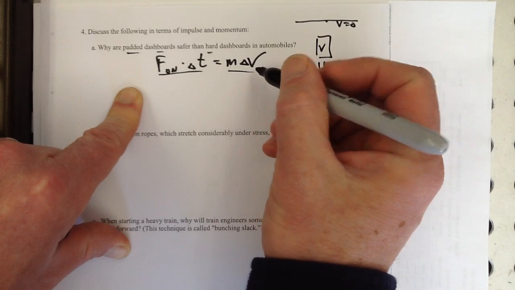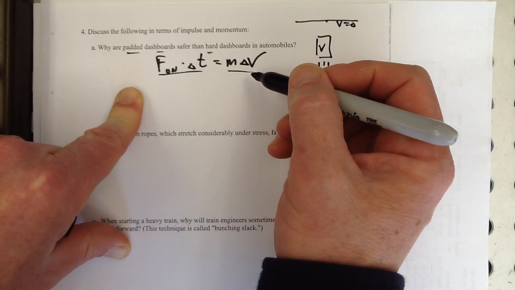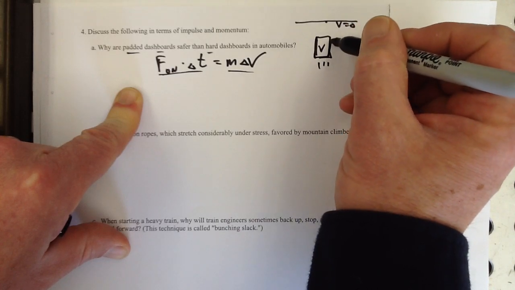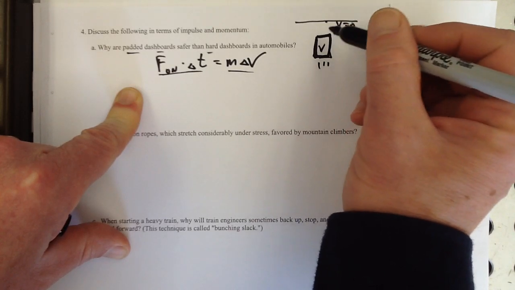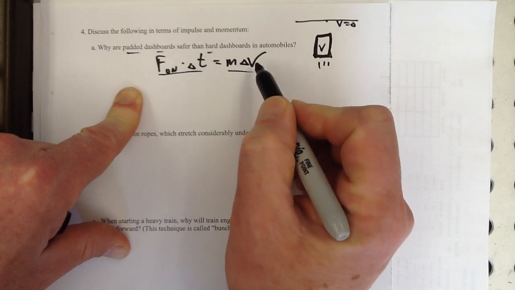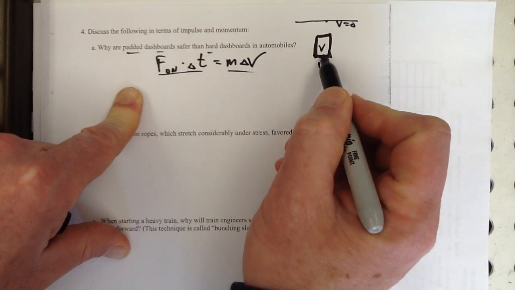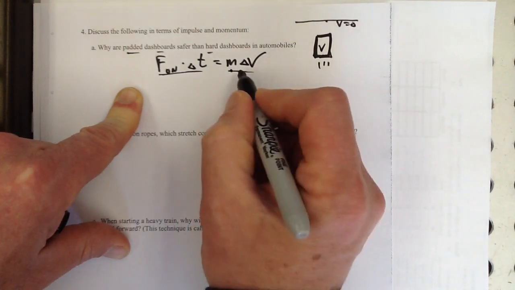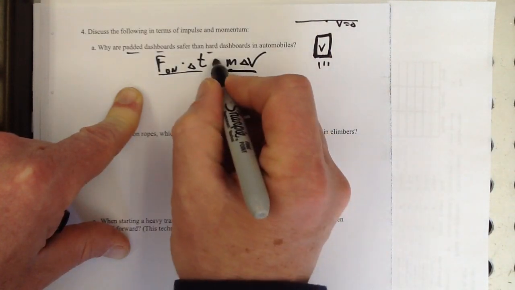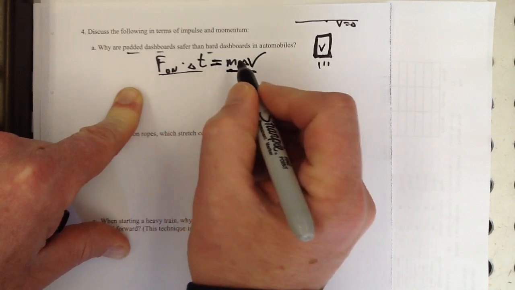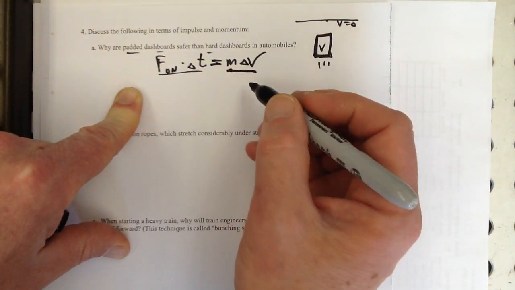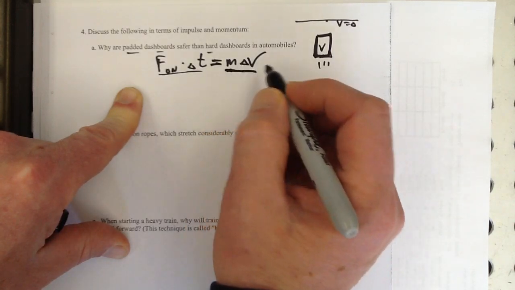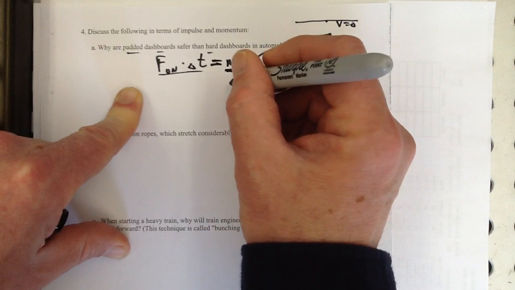You can put up speed limit signs and beg people to drive slower, but once the collision is going to happen, there's nothing you can do engineering-wise to change this. The mass of the person in the car, there's nothing you can do about that either. You can tell people that they should all go on a diet before they get in a car, but I don't think that's going to work. So these things you can't change.